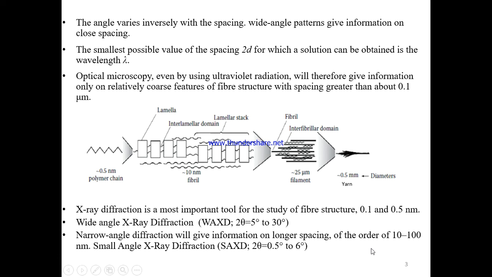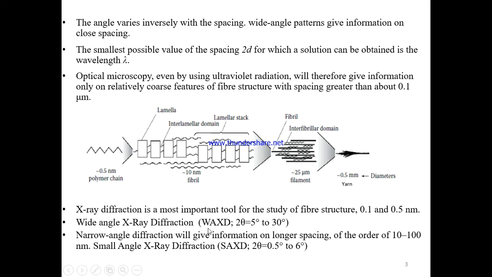Basically WAXD and SAXD are two different principles and the instrumentations are different. In the same instrument you cannot go for both wide angle and small angle diffraction; there are separate instruments, and the scanning angle will be different.